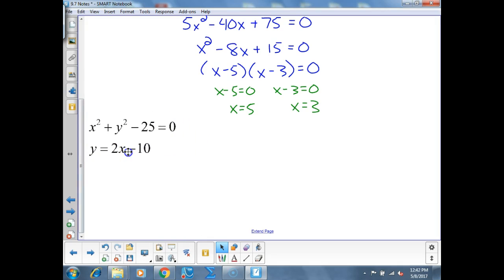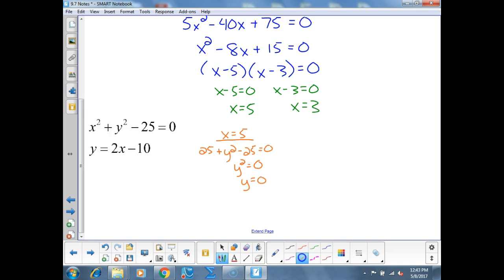Okay? So, let's do 5 first. If I do x equals 5 first, in my top one, I'm going to get 25 plus y squared minus 25 equals 0. So that's y squared equals 0, so I get y equals 0.